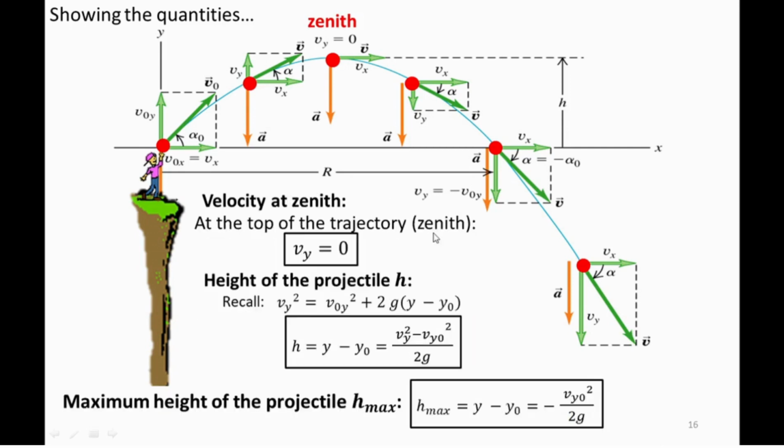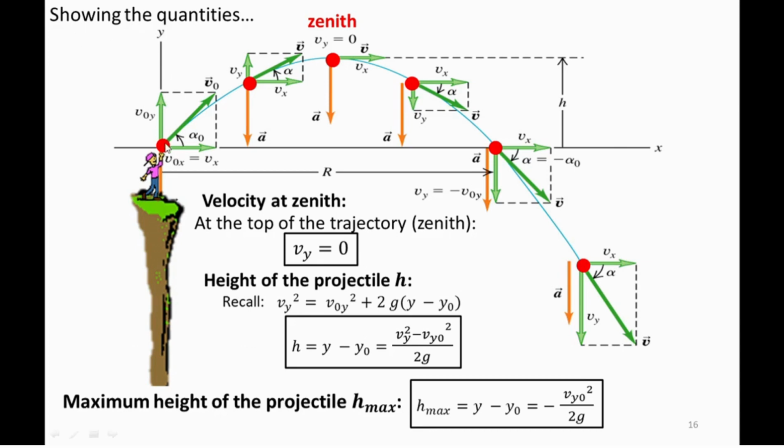So there is an interesting point during the projectile motion wherein the y component of the velocity will equal 0. This point here is called the zenith, which is the highest point of the projectile's trajectory. While the projectile is still moving upwards, the y component of the velocity decreases because of the negative acceleration due to gravity, as you can see here.